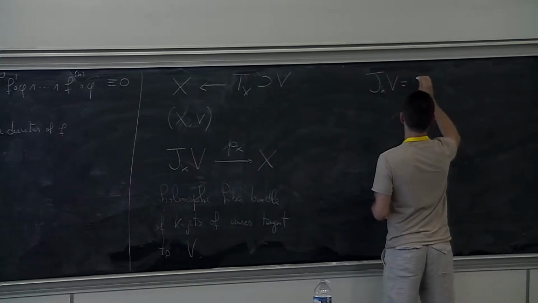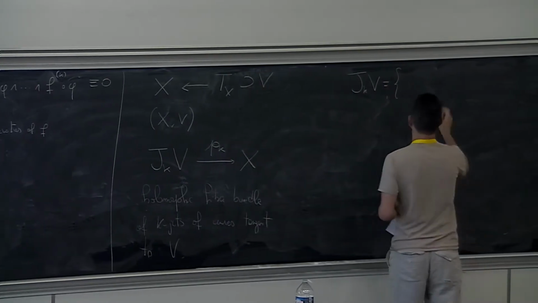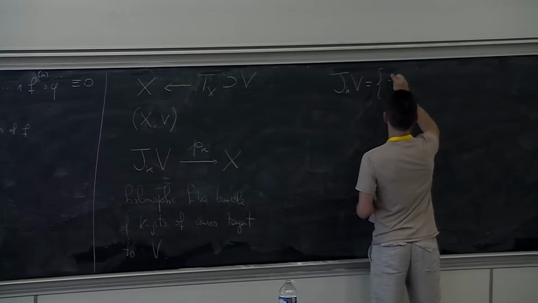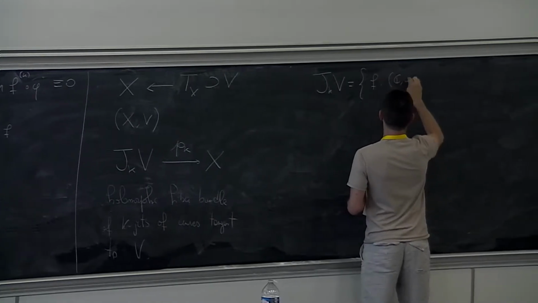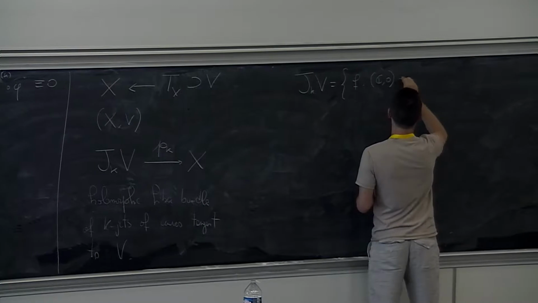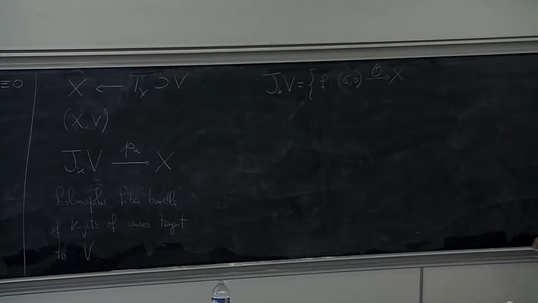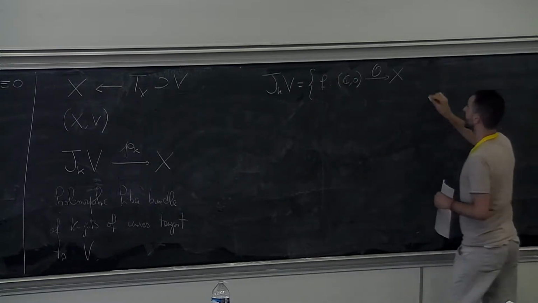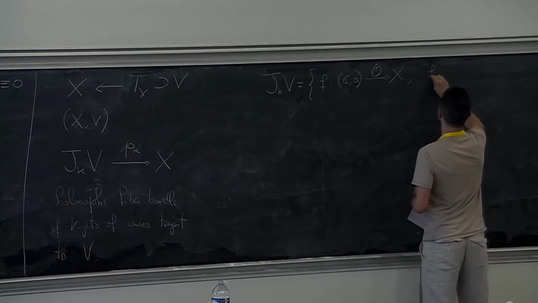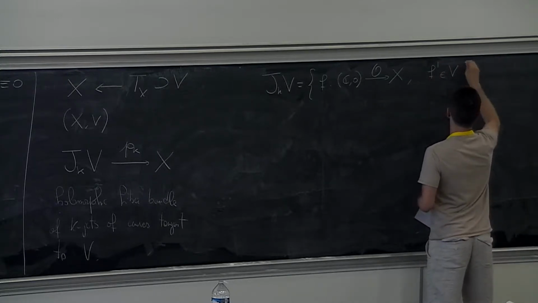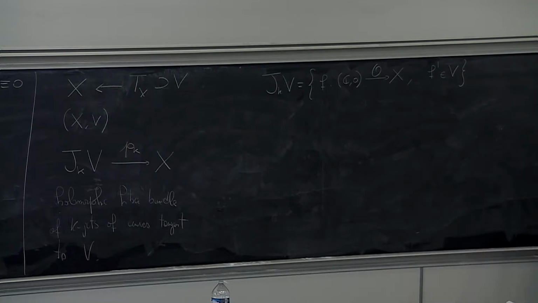So its elements are equivalence classes of maps. I take germs of holomorphic maps f defined in a neighborhood of 0 to X. I also require that f prime belongs to V. Okay, point by point, I want the tangent vector to belong to this subbundle that I fixed.